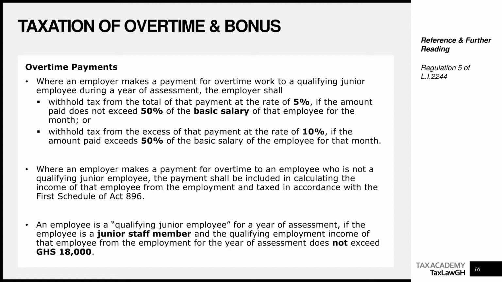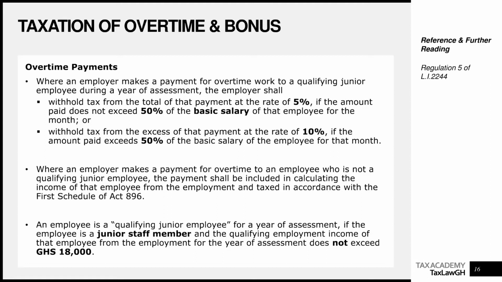Overtime payment, we are saying where an employer makes a payment for overtime work to a qualifying junior employee. Take note of this term. You must be a qualifying junior employee before these rules apply to you.